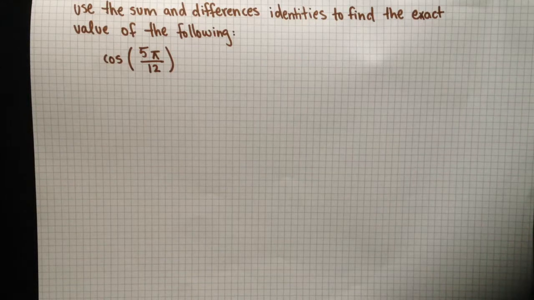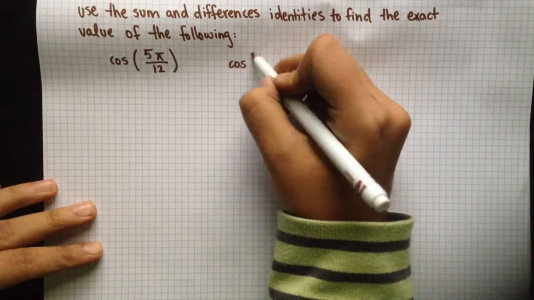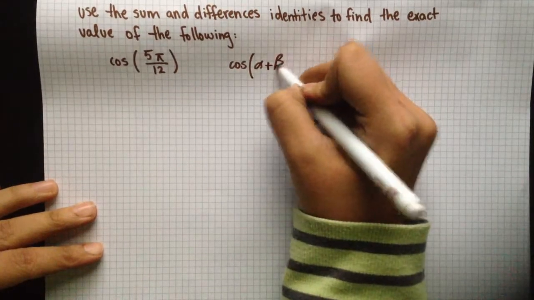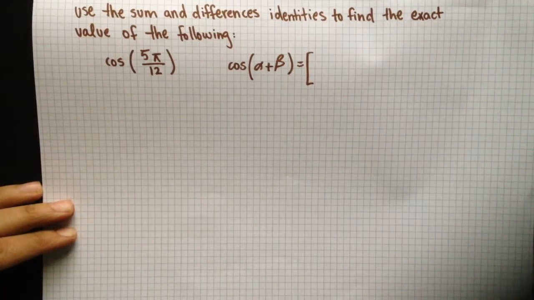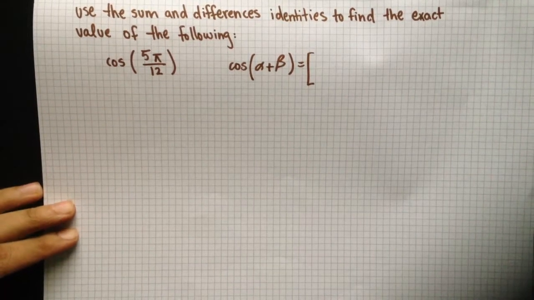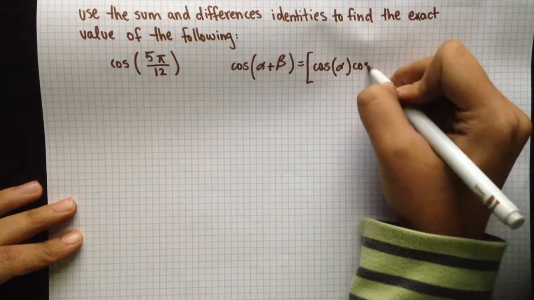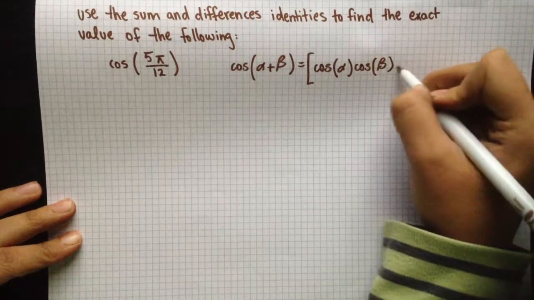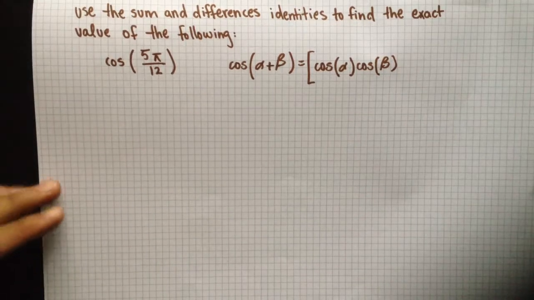For this problem, I'm going to use the sum identity of cosine, which states that cosine of alpha plus beta equals cosine alpha times cosine beta minus sine alpha times sine beta.